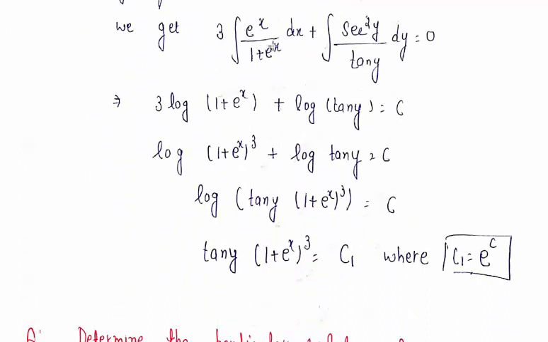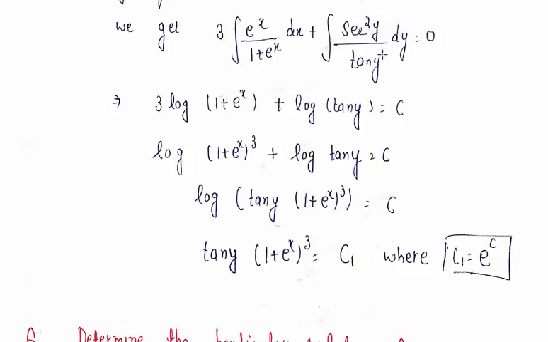If we check, the derivative of 1 plus e raised to power x is e raised to power x. So the derivative of the denominator is in its numerator. So the answer for this integration is log of 1 plus e raised to power x, because we know that integration of f dash x over f x dx equals log of f x.